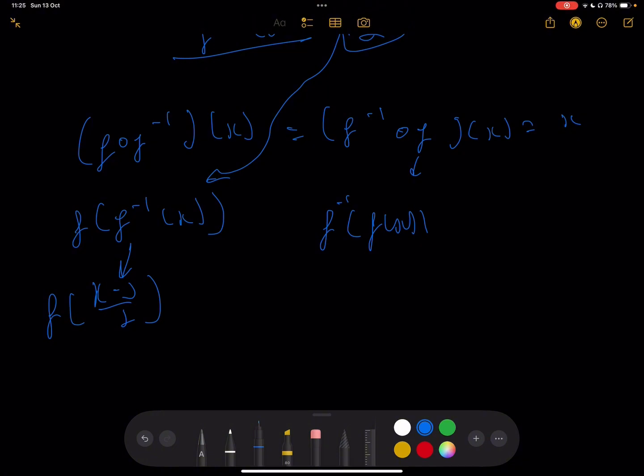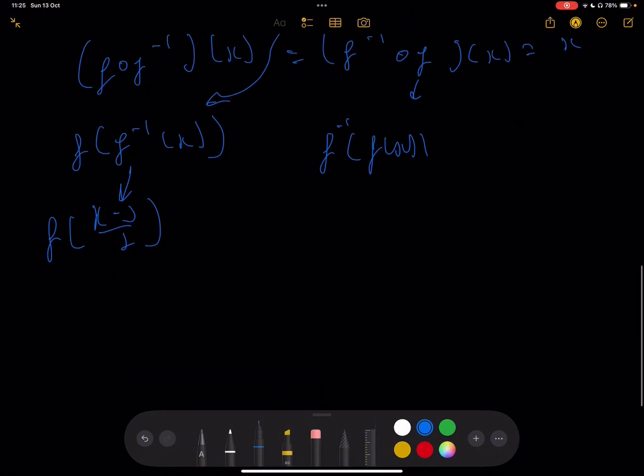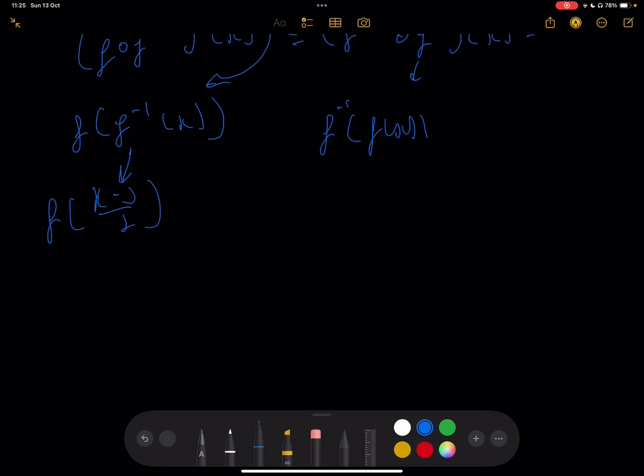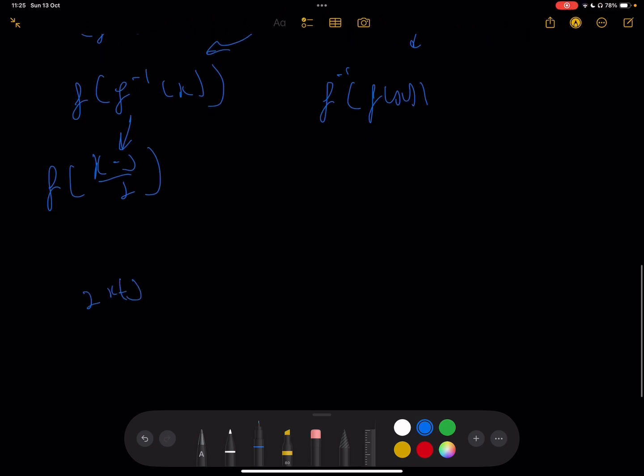What is the expression for f? Well, f is equal to, let's see here, 2x plus 3. And we know how to solve this function, but this just means that the function of x is now x minus 3 over 2. So we can just substitute this for x.